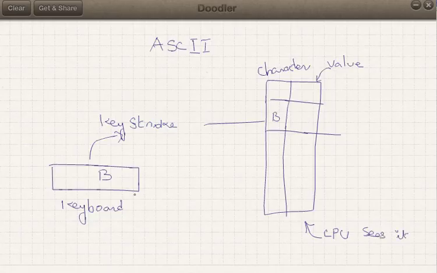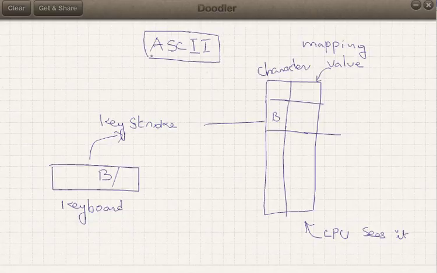So when you type any letter, any digits, any special characters, for everything that you type on the keyboard there is a mapping. This mapping of keystrokes to values is stored in this table called the ASCII table.